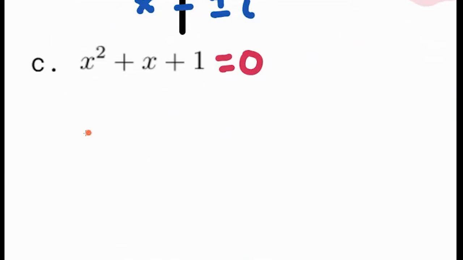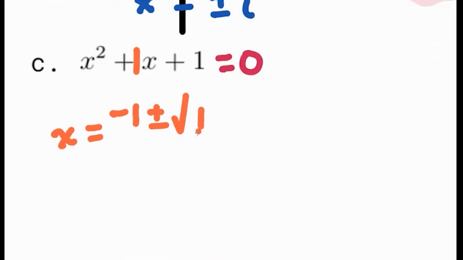Quadratic, boom, thank you. So it's going to be x is equal to negative b, which our b is 1 in this case, so it's going to be negative 1, plus or minus the square root of b squared, which is just 1 squared. So that's 1, excuse me. Minus 4 times AC. A is 1 and C is 1.